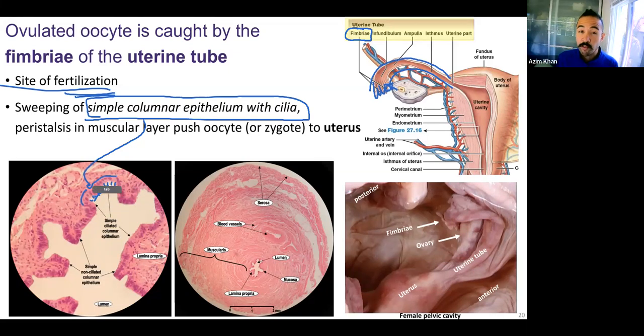It's simple columnar with cilia, not pseudostratified with cilia, unlike what we saw in the trachea. We have a thick layer of muscle in this zoomed out picture surrounding the uterine tube to help push the oocyte, potentially zygote, forward by peristalsis.